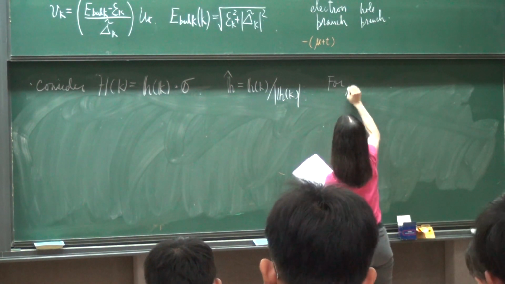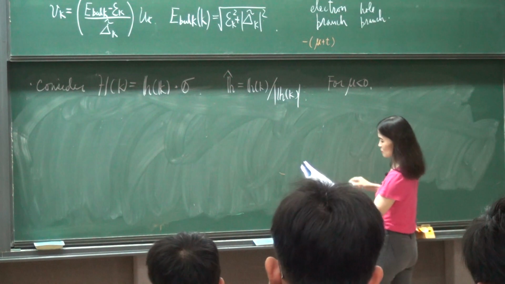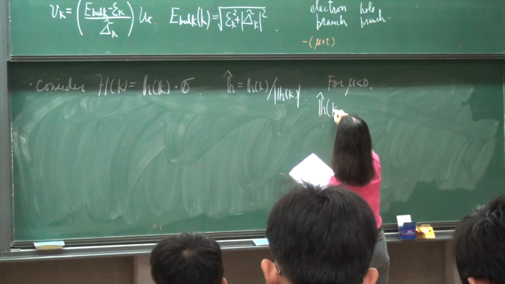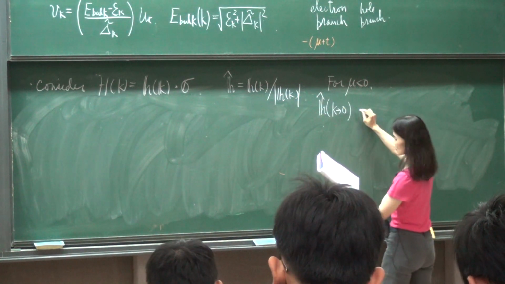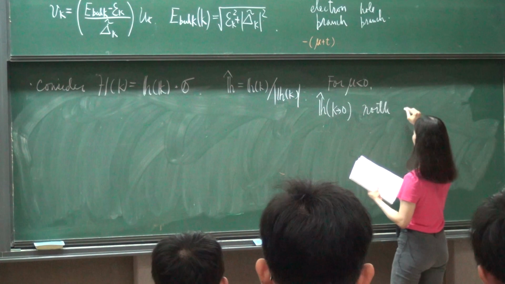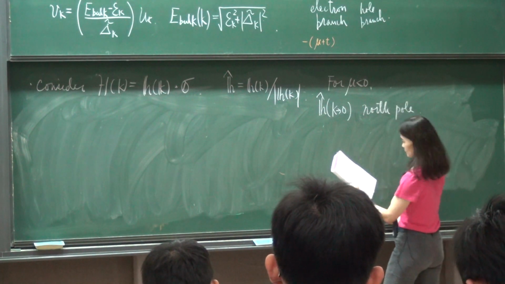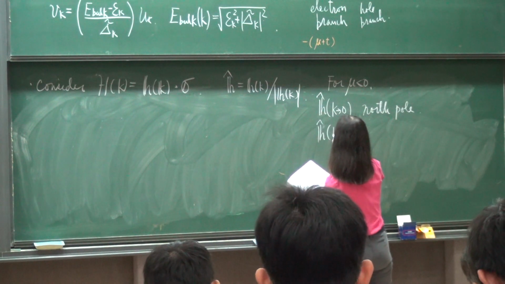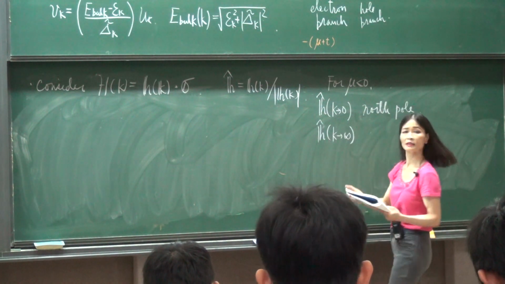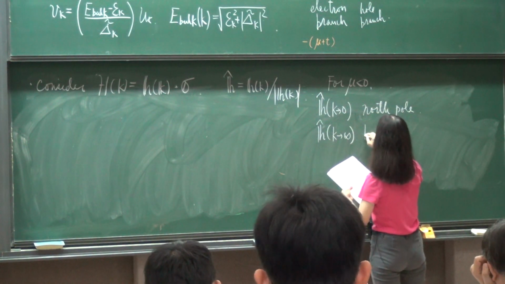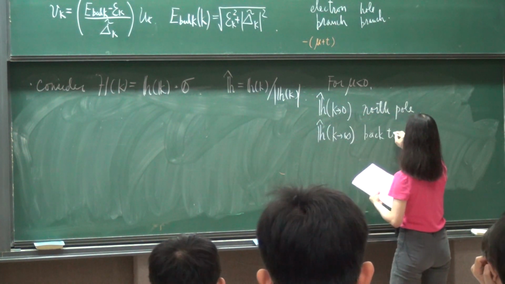So for mu smaller than 0, I will save time and just give you the answer. When k is approaching 0, this vector is going to point along the North Pole. And now k can go to infinity. If k goes to infinity, this is back to the North Pole.